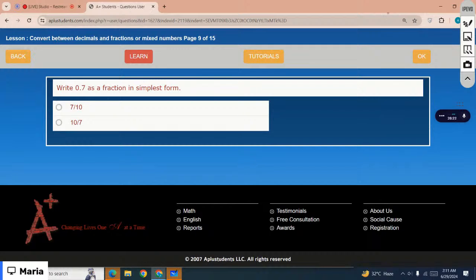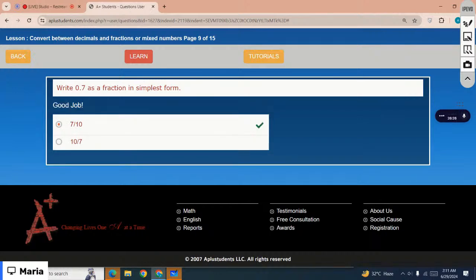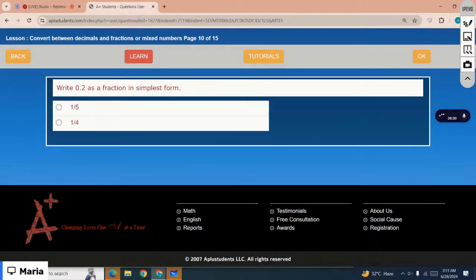The correct option is option number 1, that is 7 over 10. Write 0.2 as a fraction in simplest form.